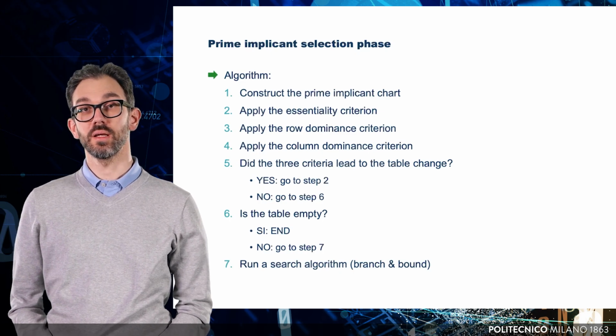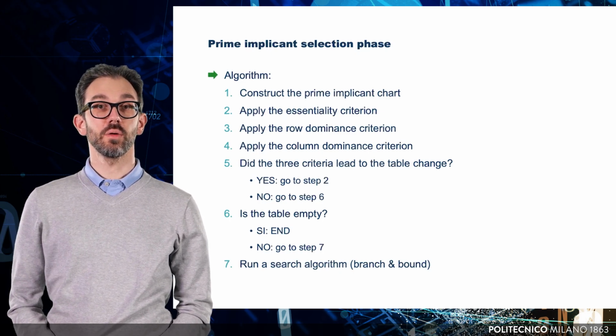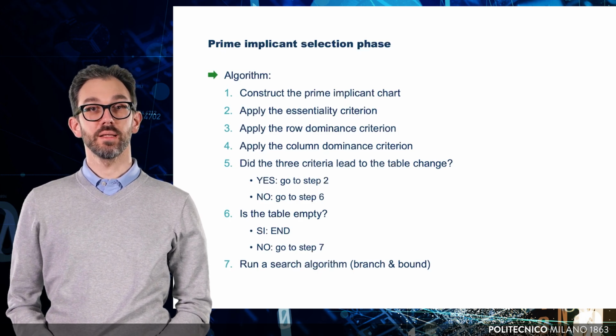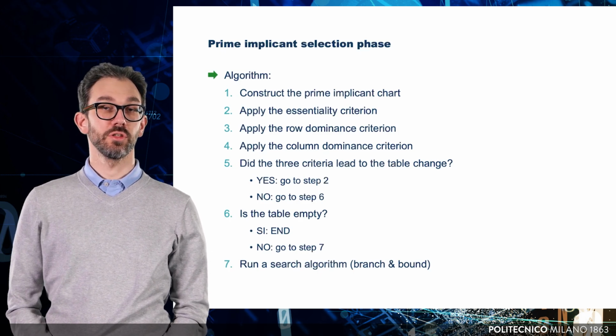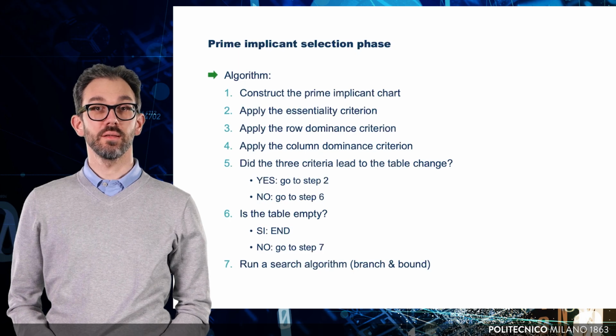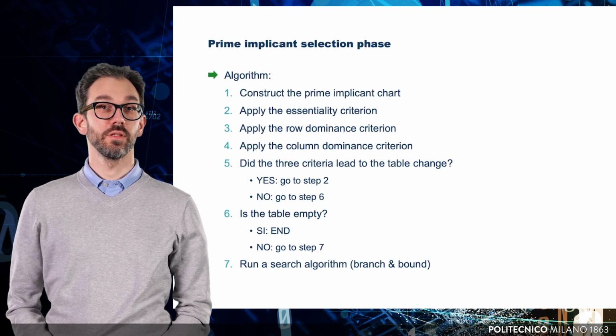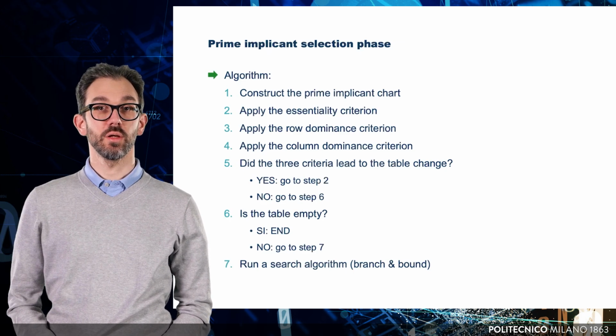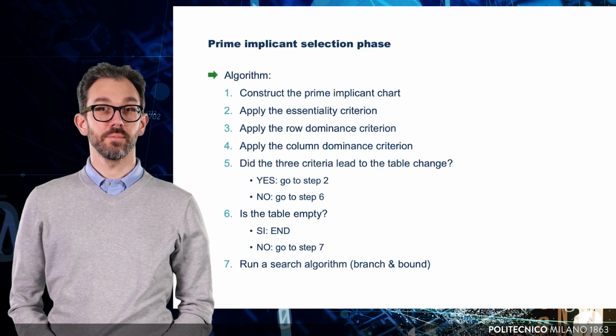Similarly, step 4 applies the column dominance criterion. If one column is covered by all the same implicants as another column, the dominated column can be removed. After applying these three criteria, we reach step 5, where we check, did the table change? If yes, we repeat the process from step 2. If not, we move on to step 6. In step 6, we check whether the table is now empty.